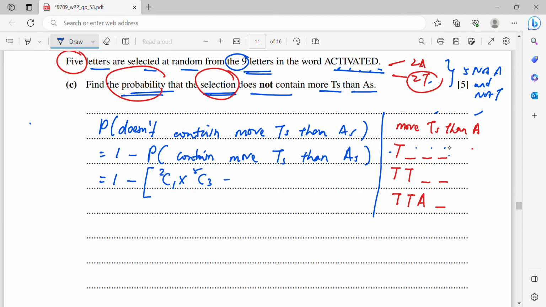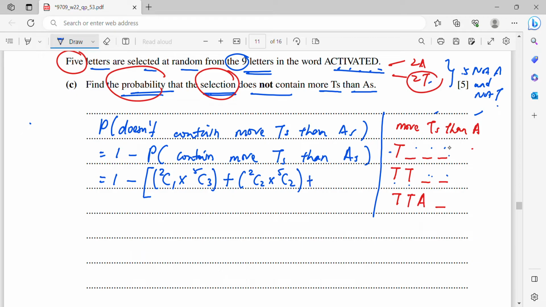Or plus, I need to get 2 T's. So for 2 T's, I choose 2 from 2, and then I have 5 non-A and non-T, so I have to choose another 2 from these 5, so 5 choose 2.